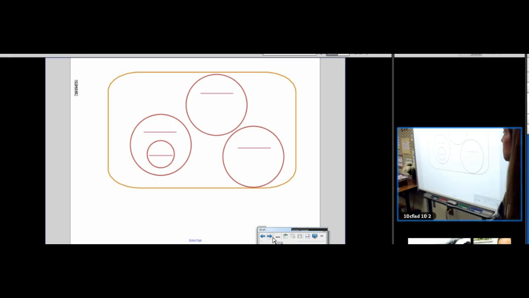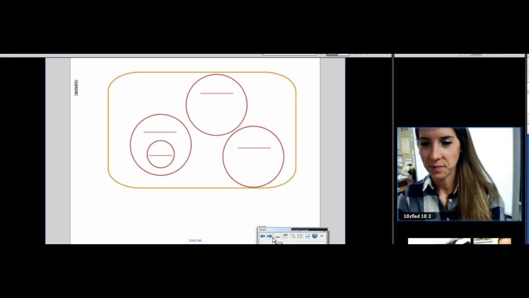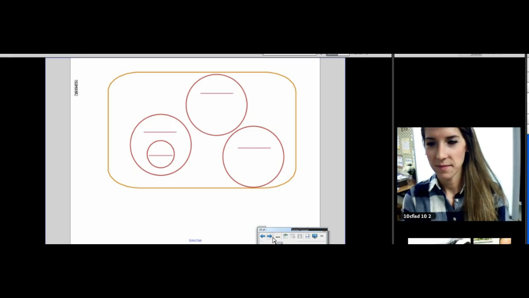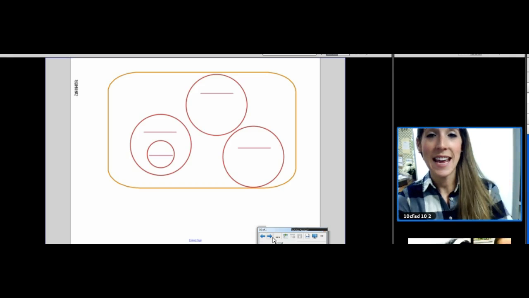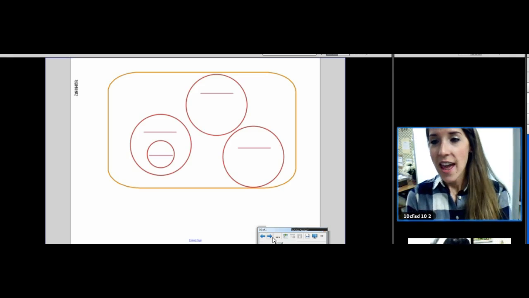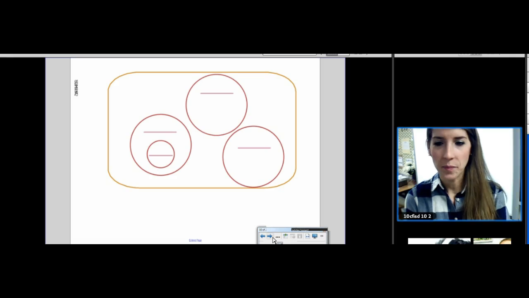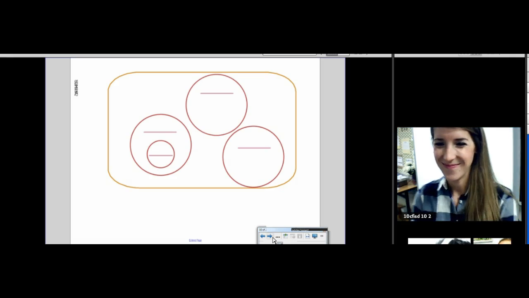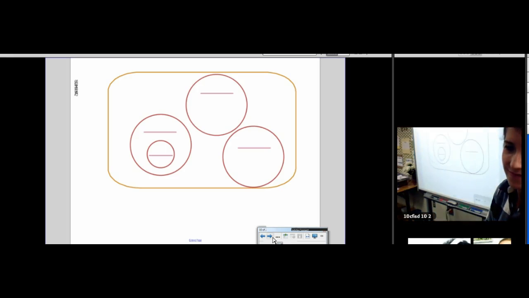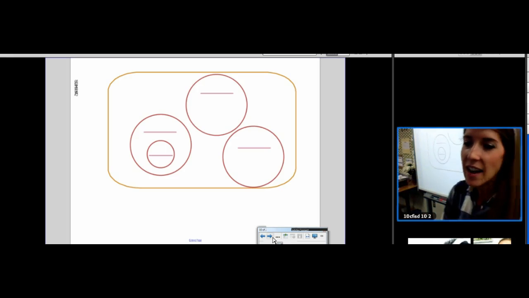All right. What is this called? If you had to take those 4 words that we just learned and put them into these circles, where would you put them and why? It's kind of like a Venn diagram.